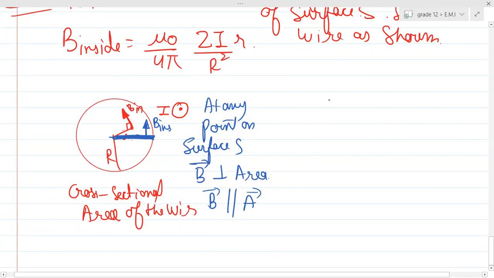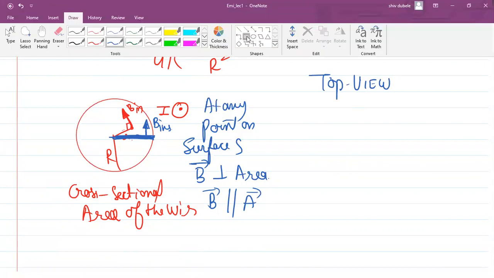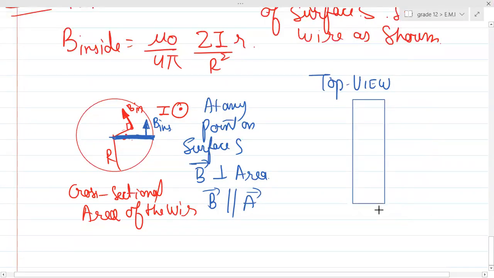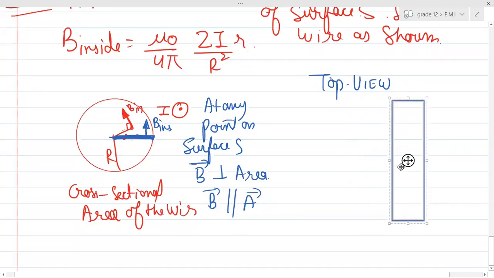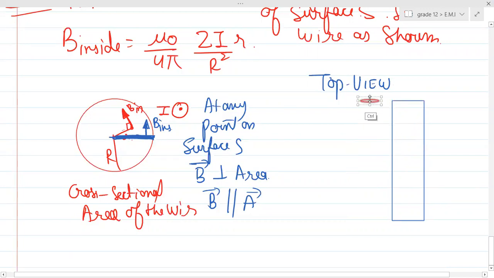Yes, sir. Okay. So basically, suppose this is the top view, and when I see this cylinder from the top, it will look something like this. If I look at the cylinder from the top, this is the surface S. Will our cylindrical wire look like this?